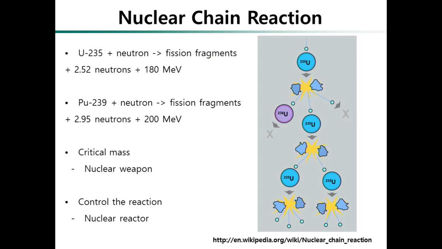In the case of uranium, with 1 fission we could get 2.5 neutrons. In the case of plutonium, almost 3 neutrons. And we also get big energy. From only one nucleus, you could get almost 200 mega electron volts.